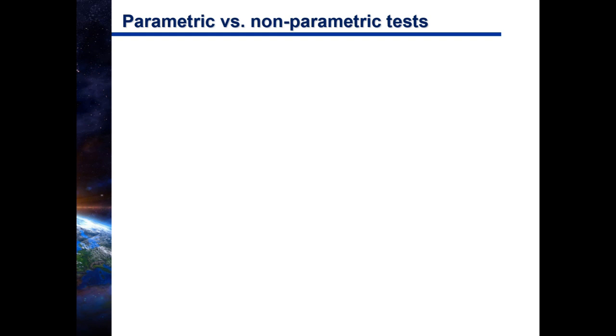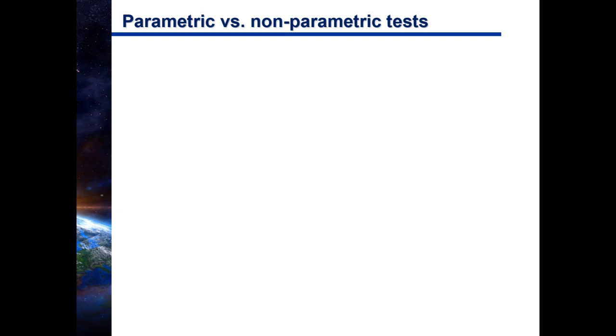The parametric tests are the ones that we're going to focus on in this whole course. In fact, there are only two non-parametric tests that we're going to learn about, and all the rest are parametric. So the t-test, just as an example, falls into that parametric category.